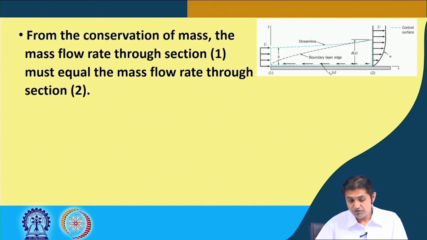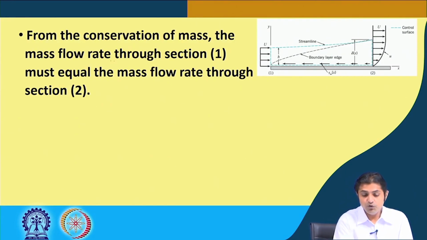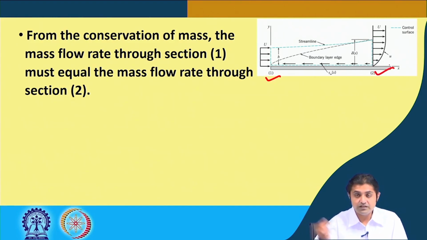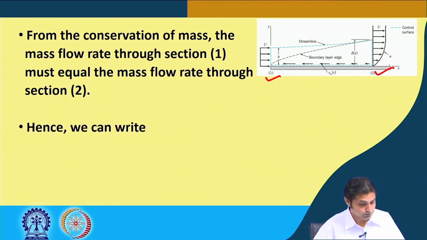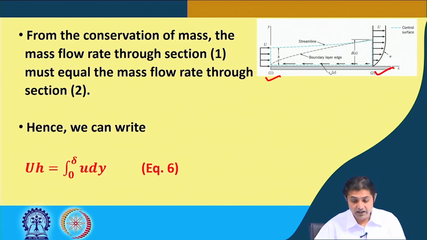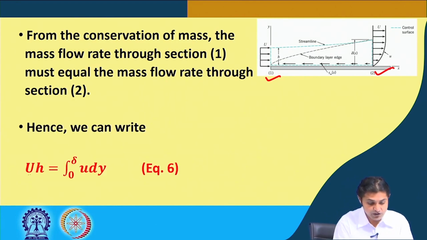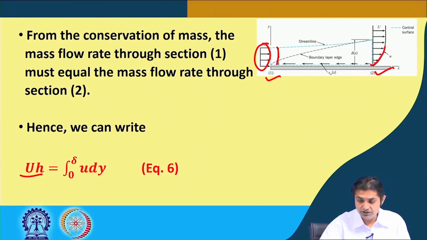From the conservation of mass, the flow rate through section 1 here must equal the mass flow rate through section 2. That is correct. All right. Therefore, we can write U into h. So, U into h is equal to integral u dy. If you assume an element of thickness at distance y, the velocity is u, so it becomes u dy.